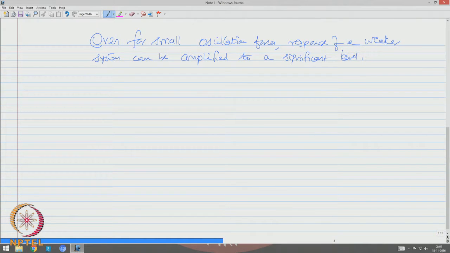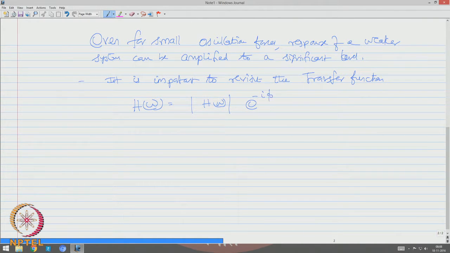Hence, it is important to revisit the transfer function, which we discussed in the last lecture. We said the transfer function H omega shall now be defined with a complex valued function e to the power i phi.